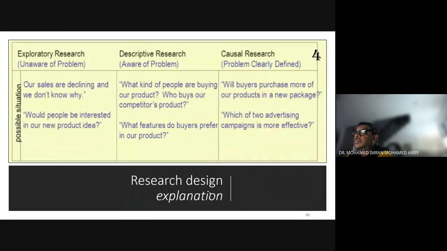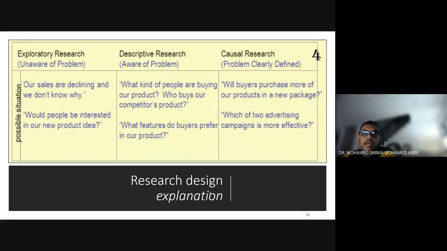You want to find out certain things. Okay. So these are certain problems that we identify kalau dalam exploratory. Our sales are declining and we don't know why. So you want to find out why is our sales declining? Kenapa sales kita turun? Kenapa saya tak jual sandwich lagi di cafe? Dulu ada sandwich. Sekarang orang tu tak jual sandwich. Saya pun tak tahu kenapa.